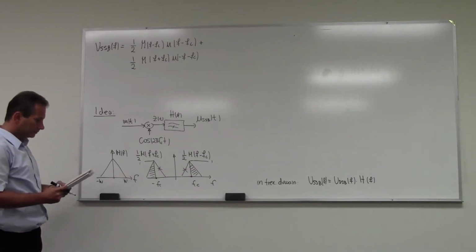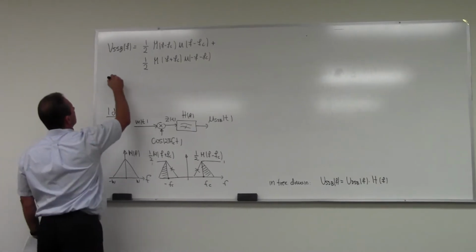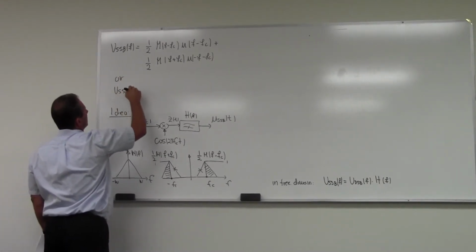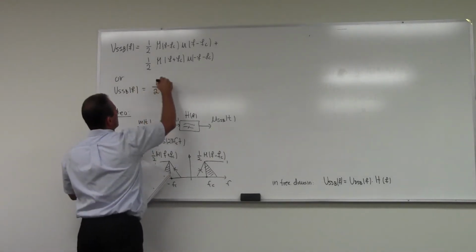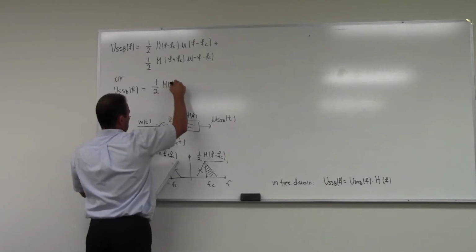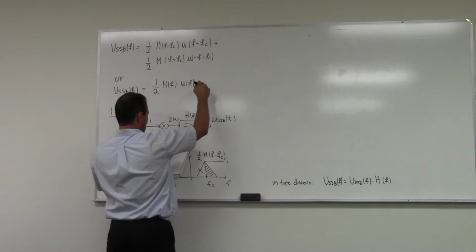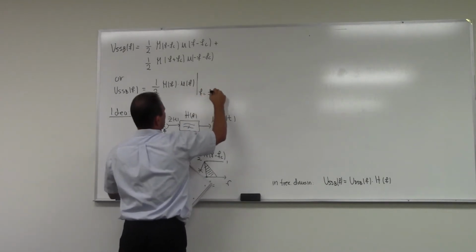Now, this can be rewritten as, and this is an important step, U single sideband of f. I can see this as being 1/2 M of f times u of f, and then for f equal f minus fc.